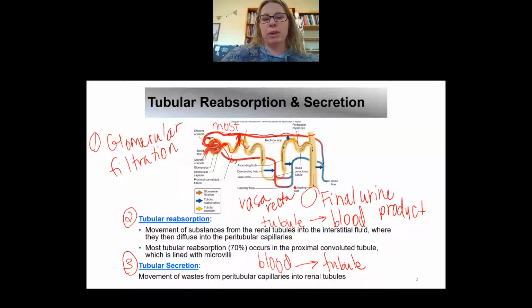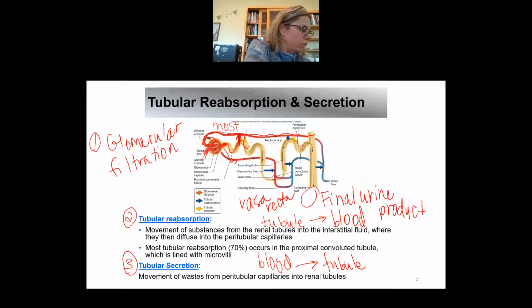It's a second set of capillaries, a portal system, that's going to help concentrate urine near the nephron loop, but we'll talk about that in just a little bit. If you didn't quite get it last time when we talked about that chart about substances that were reabsorbed and substances that were secreted, make sure you check that out.